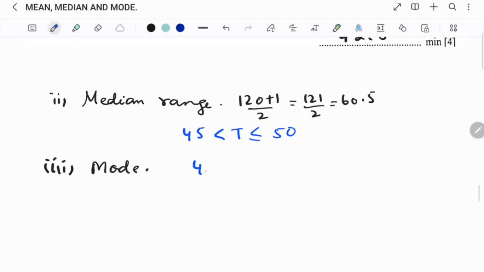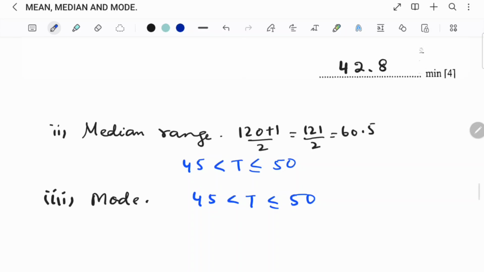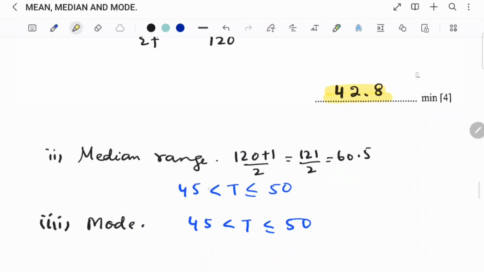So that is also 45 < t ≤ 50, because this range occurs the highest number of times. So in this question we have 42.8 minutes as the mean, 45 to 50 as the median, and 45 to 50 as the mode. All of the numbers are coming in the same range, close numbers. So this is the mean, median and mode.